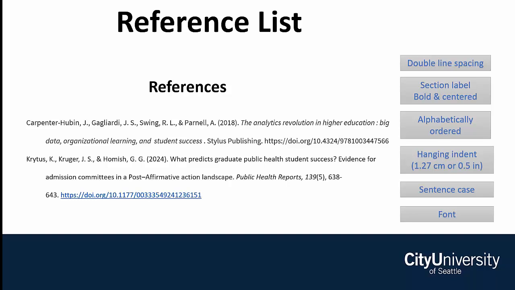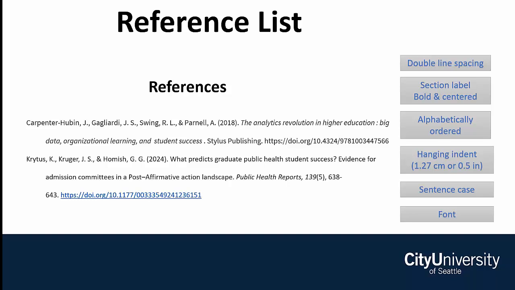I'm using sentence case for this structure. Sentence case would be the first letter of a sentence is capitalized. Proper nouns would be capitalized. Typically, with the very first reference here, you can see where it says the analytics revolution in higher education, then there's a colon.